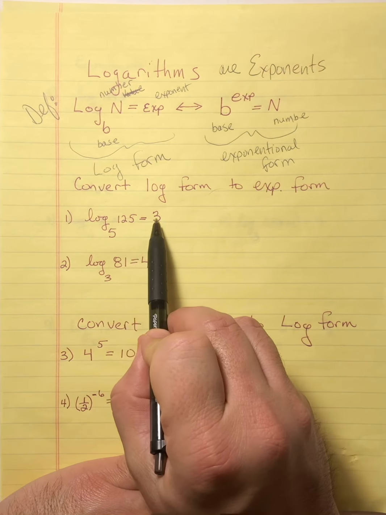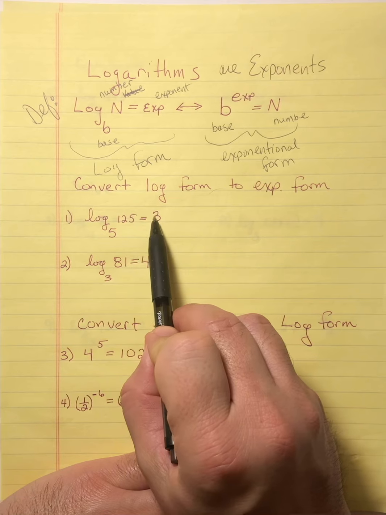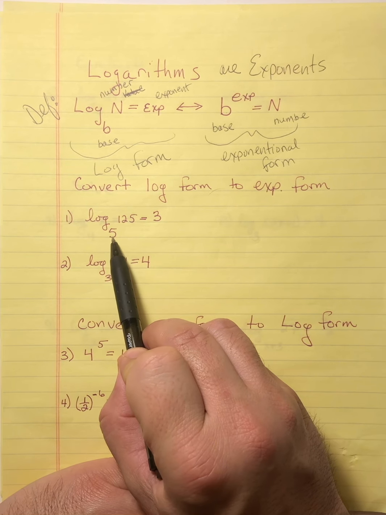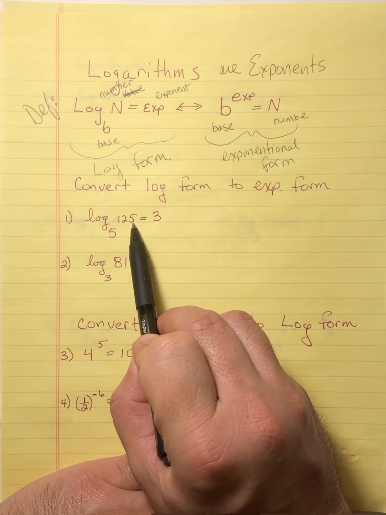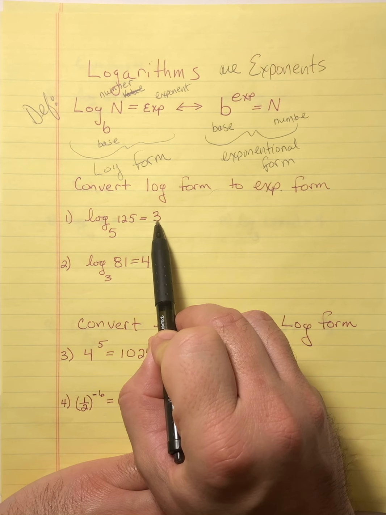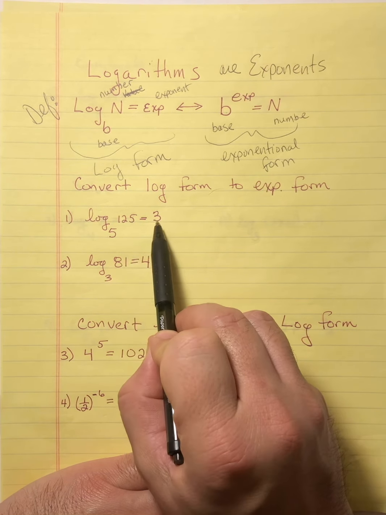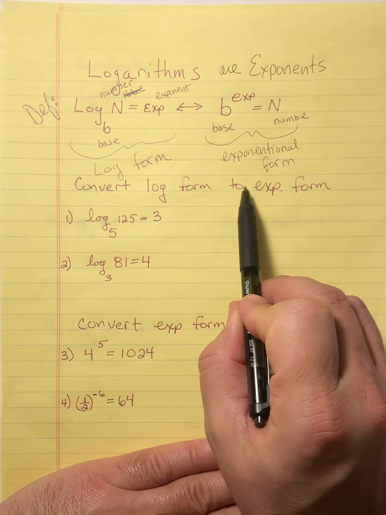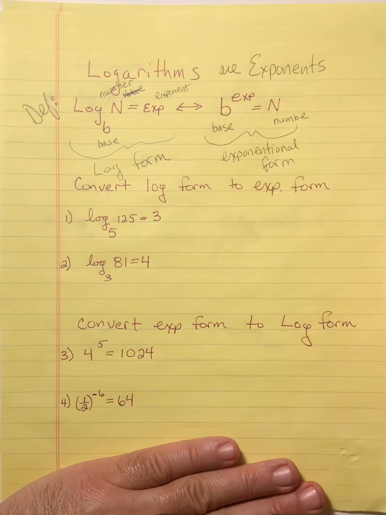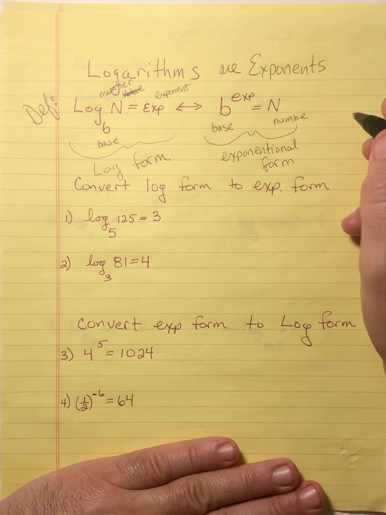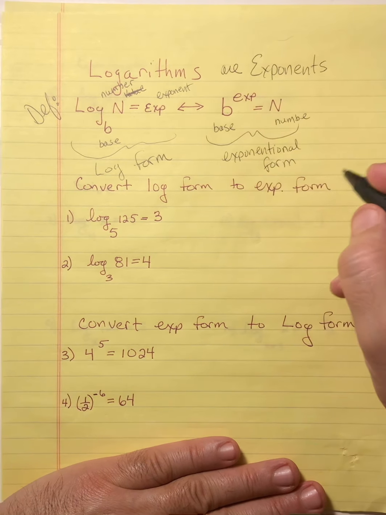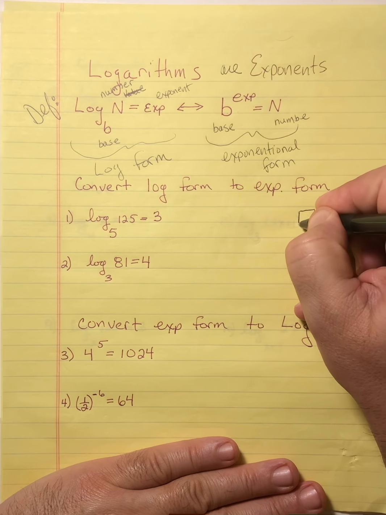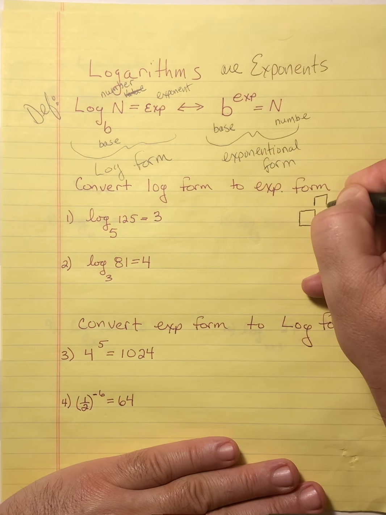All right, now, what do we do with this? So I can convert this. This is log form. We read this as log base 5 of 125 equals 3. We're going to convert log form to exponential form. Now, what do I mean by exponential form? Well, exponential form has to be in this formatting right here. This is as simple as it looks, like a little diagram.